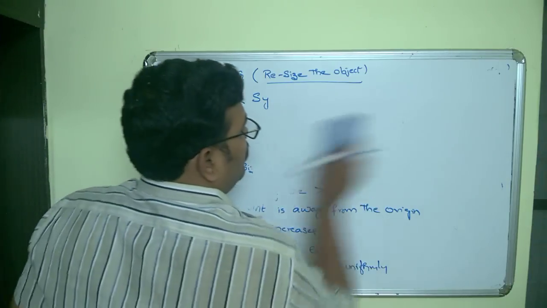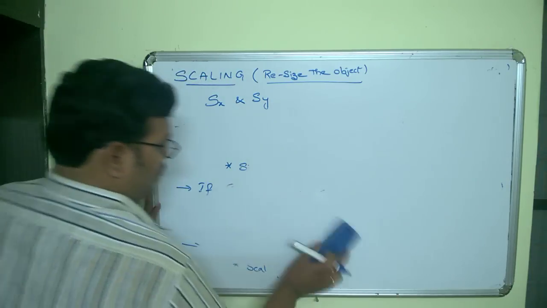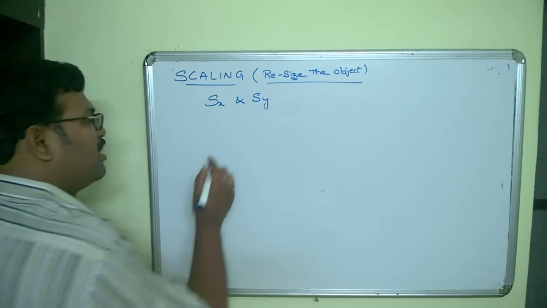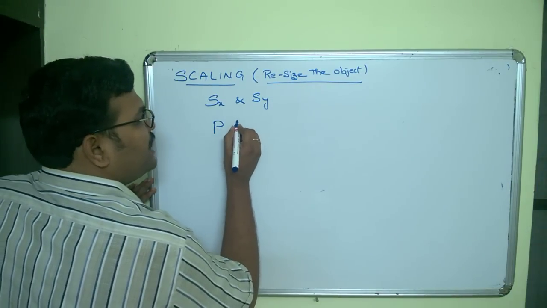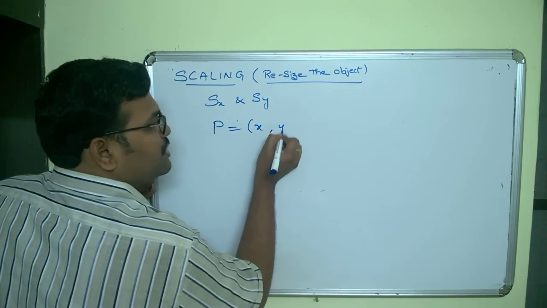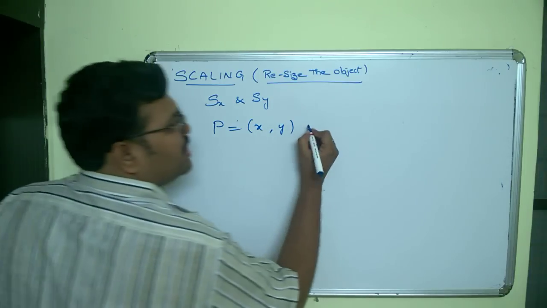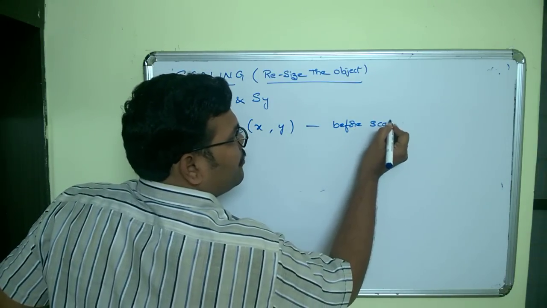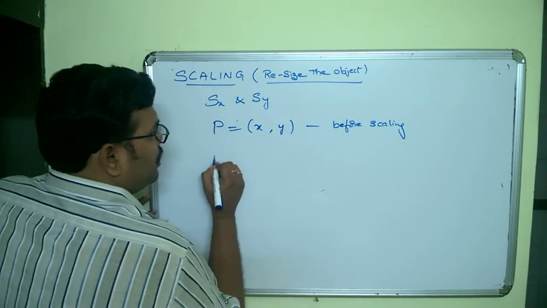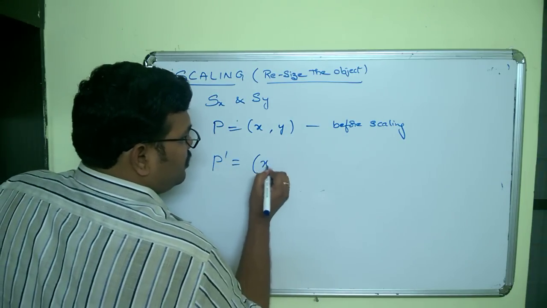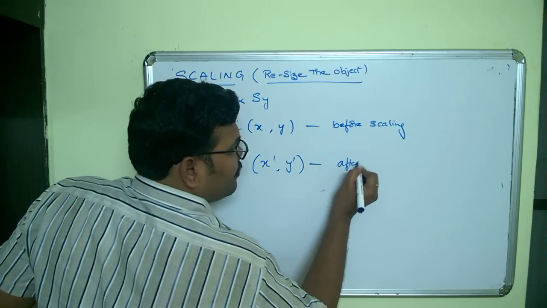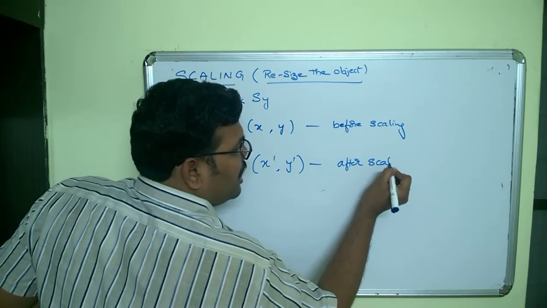Here in this transformation function also, let us consider P as the old coordinates x and y before scaling, and P dash is equal to x dash, y dash after scaling.